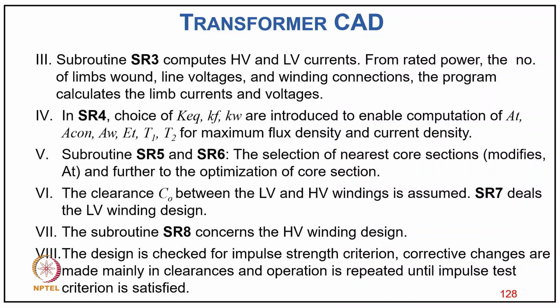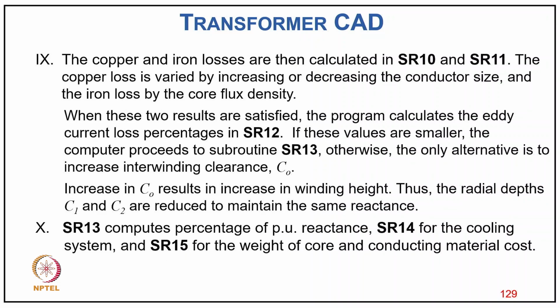In SR5 and SR6, selection of nearest core section, modify AT and further optimization of core section. Then clearance C0 between LV and HV winding is assumed. SR7 deals with the LV winding. Then SR8 concerns the HV winding design, and the design is checked for impulse strength criteria.